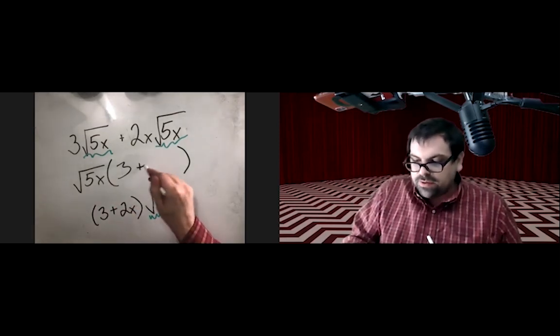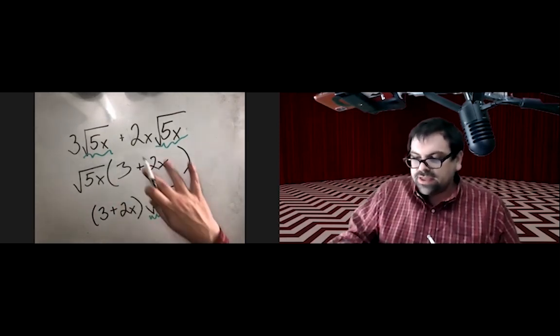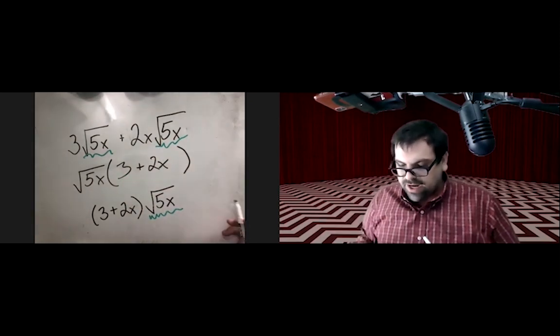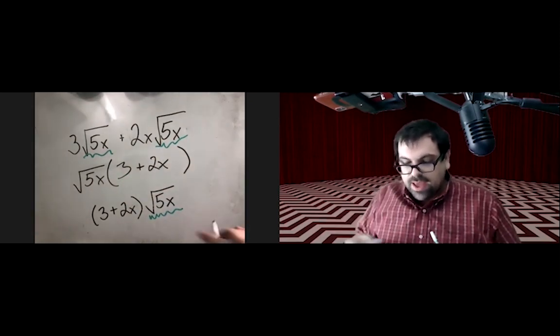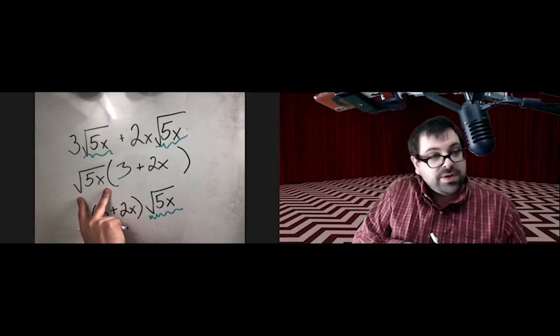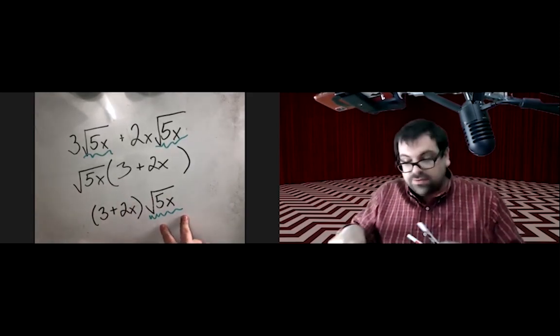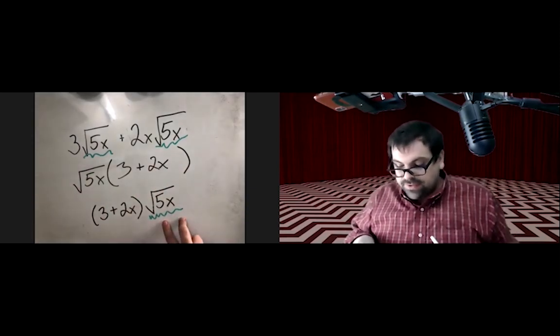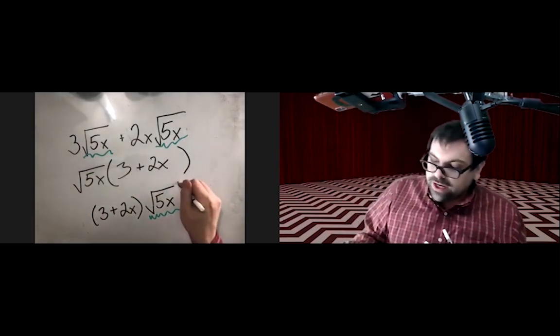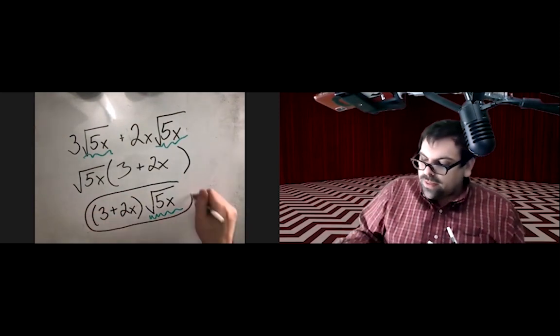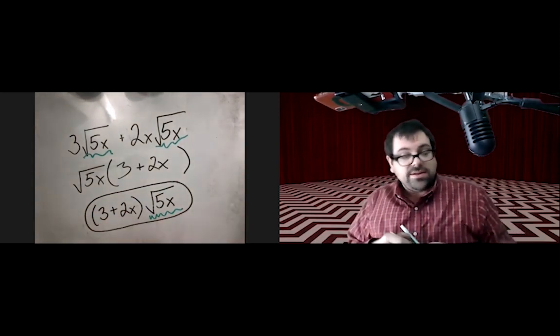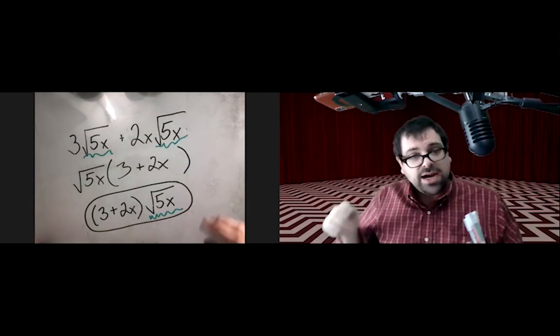Radical 5x times positive 2x is positive 2x times radical 5x. And then move this from being the first factor to it being the second factor. Switch the order of the two factors, because when we write our final answer, we want the radicals at the end. So that's adding and subtracting radicals.